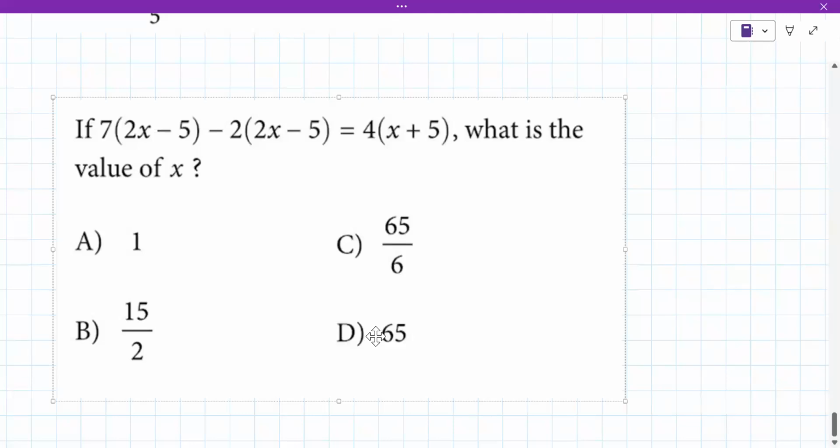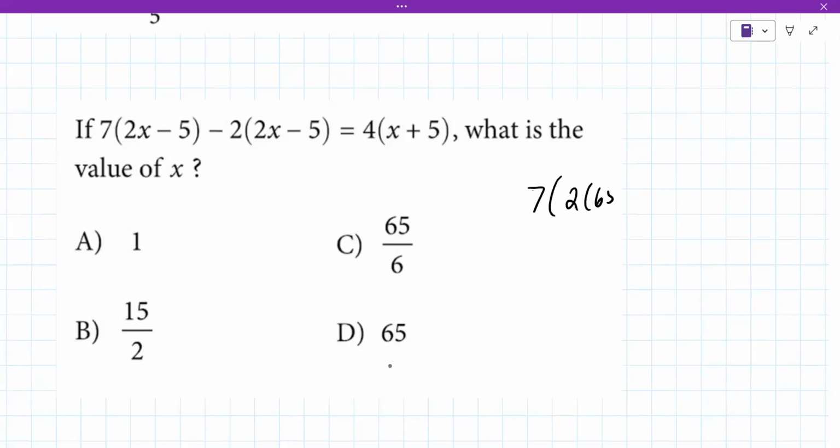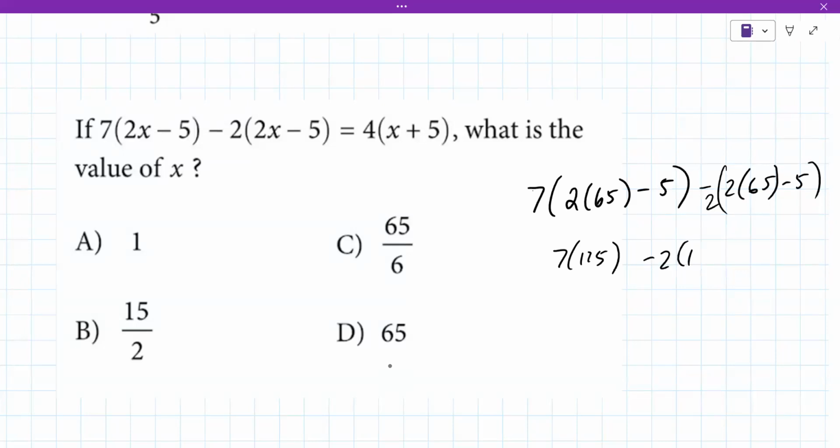Okay. But let's just try 65 because I want you to see what the problem is, like you should use your intuition. 2 times 65 minus 5. That's 130. 130 minus 5 is 125. Then you're multiplying it by 2, so it's minus 2 times 125.